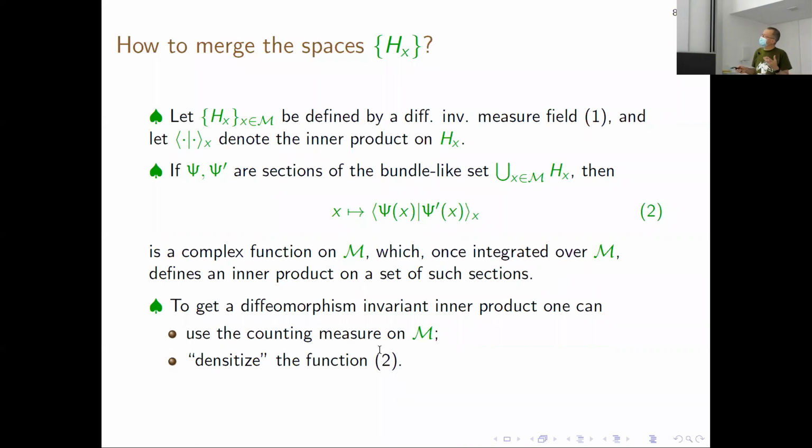So I mean here that I will transform this construction in such a way that I will obtain not a function, but a complex density. And we know that the integral of a complex density is diffeomorphism invariant. So in this way, I will obtain the other sort of Hilbert spaces. And since this construction is more difficult, I will present this construction first.